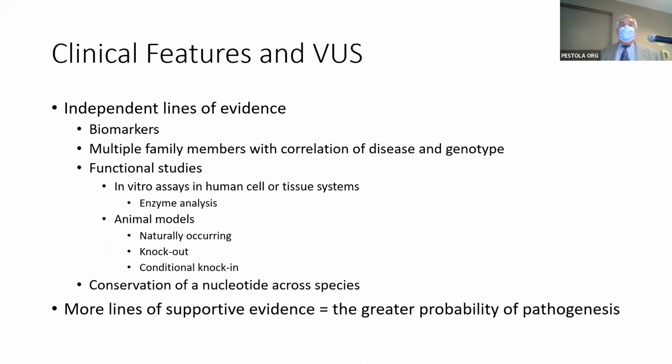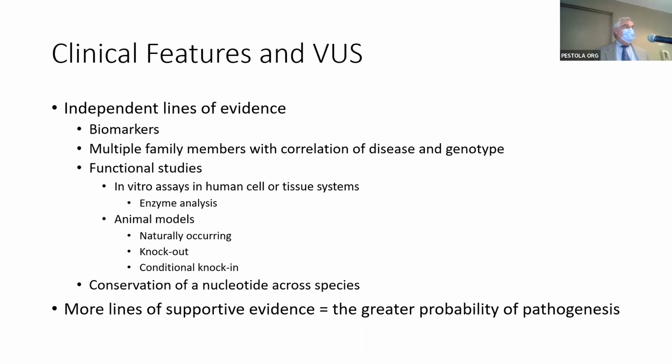Okay. So what lines of evidence are used to help resolve this? The more independent lines of evaluation that you have, the better off you are. First one is biomarkers. You have an abnormal laboratory test. If you think it's a gene for short stature, you have a short patient in a ruler. Something like that counts as a biomarker. Multiple family members.